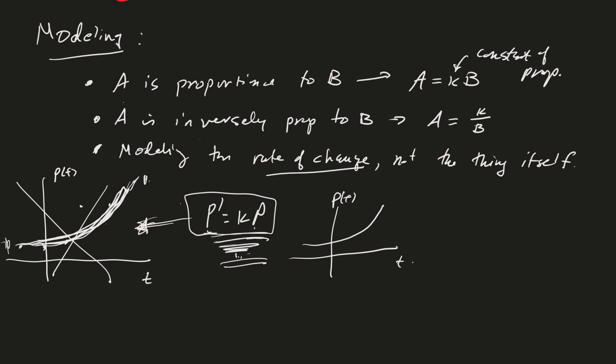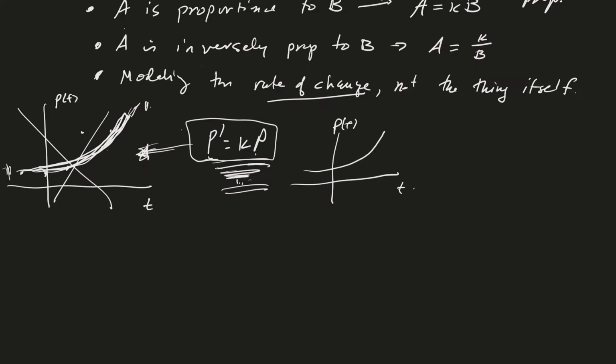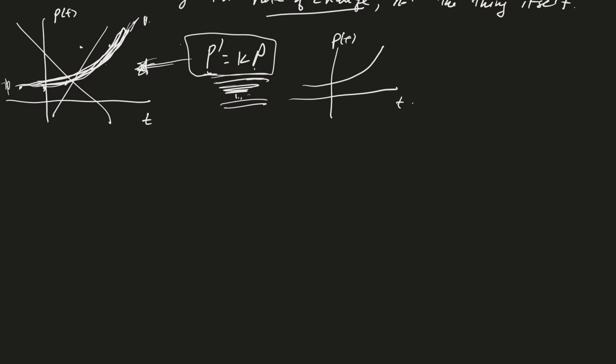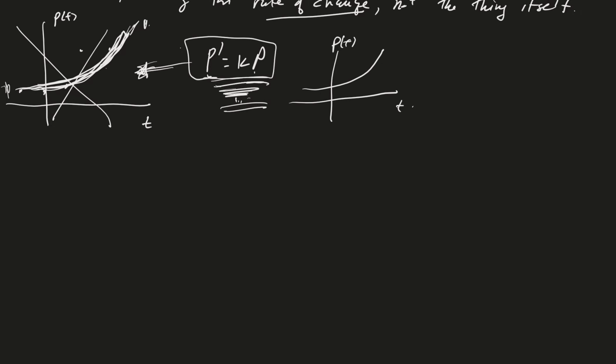Now, having said that, let's take a look at a few of our models. Speaking of population, so our population model, something of the form, say P prime equals R times P minus K. What would that be? Well, we've already said that this is an exponential growth.